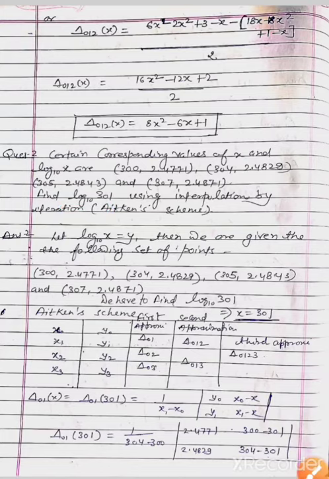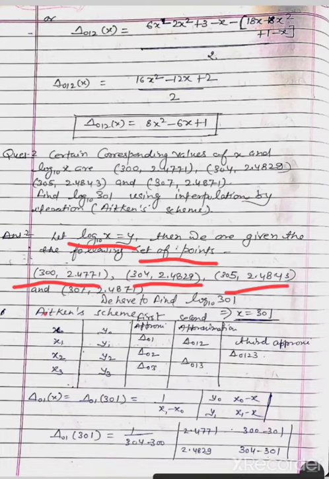Now to solve this question, let us consider log10 x equals y. Then we are given the following set of points: 1st point, 2nd point, 3rd point and 4th point.